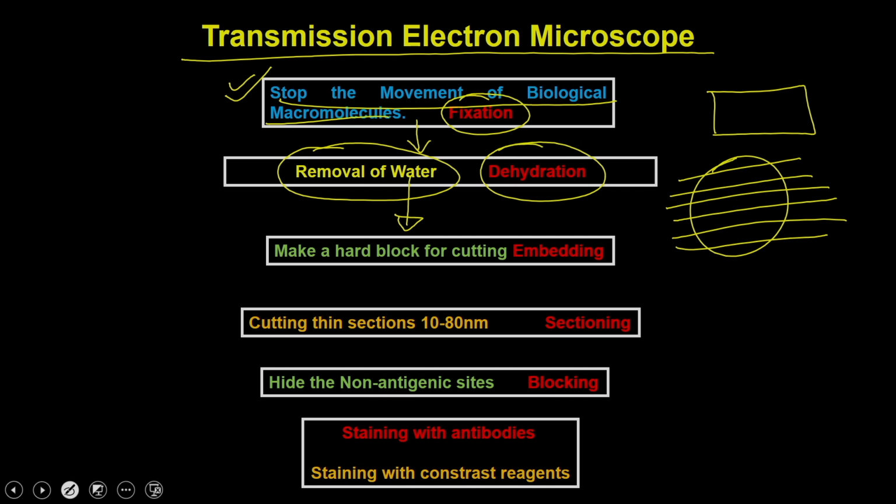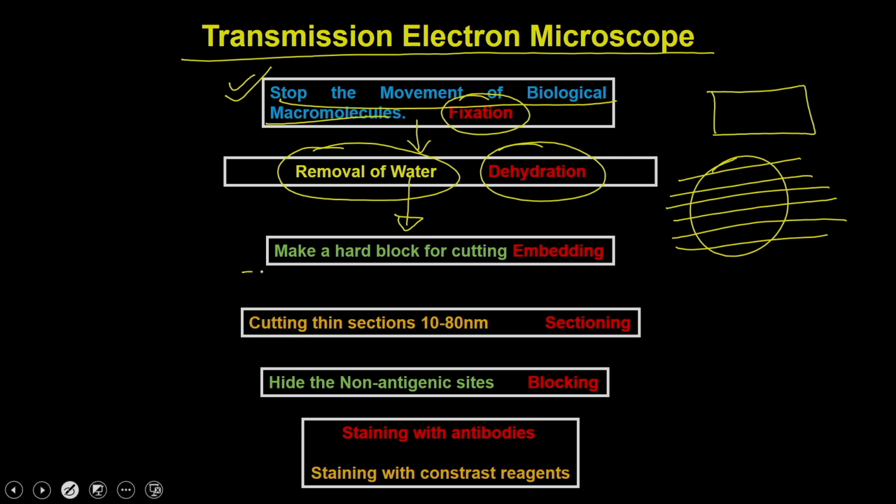So, you have to make thin slices, so that you will illuminate them, and then you will be able to collect the electrons coming through the object, and that is how you can reconstruct the images.